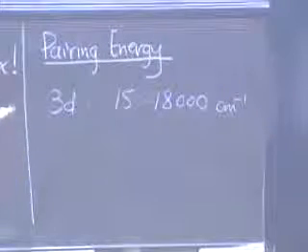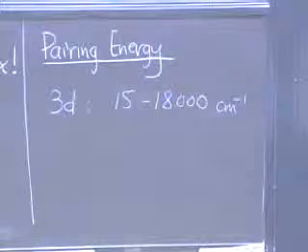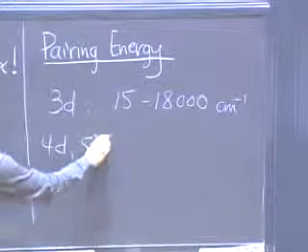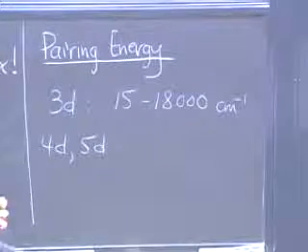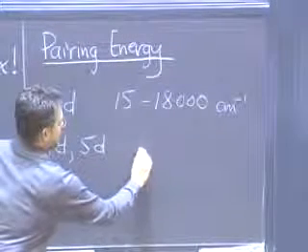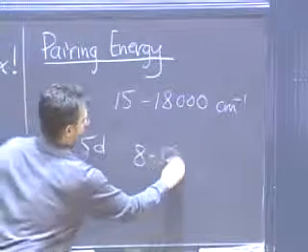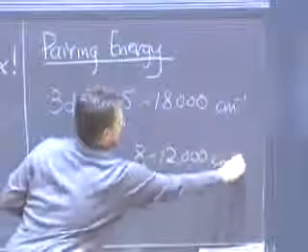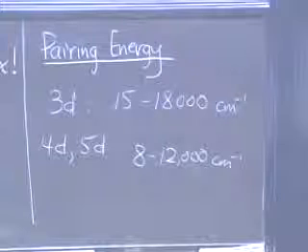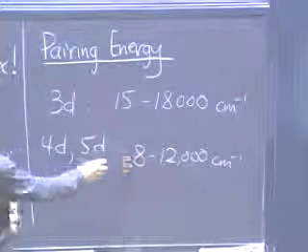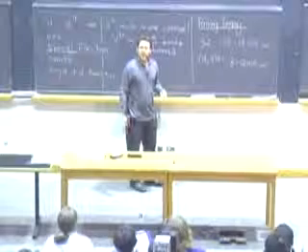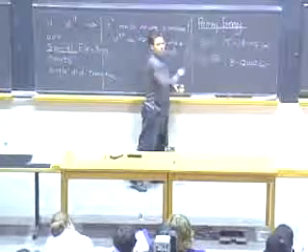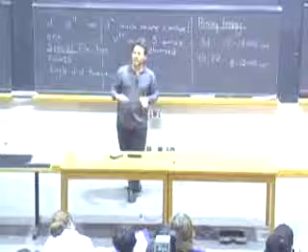But if we go to heavier transition elements, the 4D or 5D elements, then typically the pairing energy is about 8 to 12,000 reciprocal centimeters. What that says is that it's easier to pair up electrons in 4D or 5D orbitals than it is to put 2 electrons in the same 3D orbital.